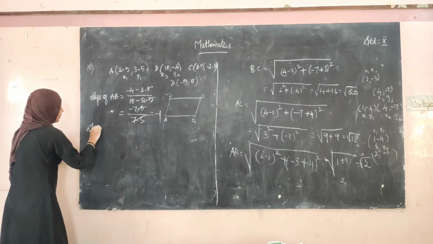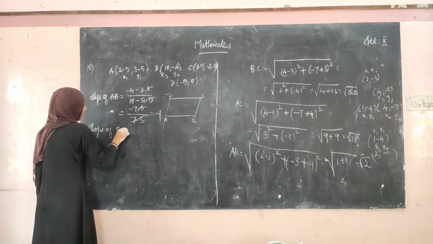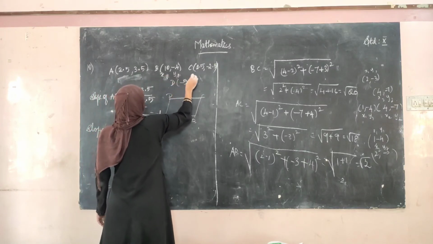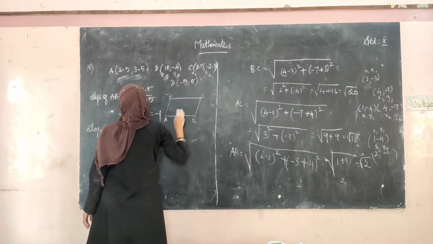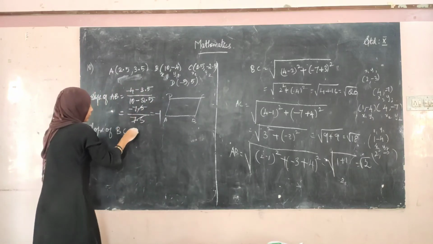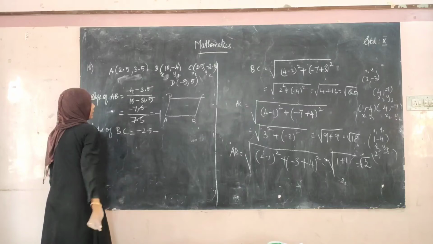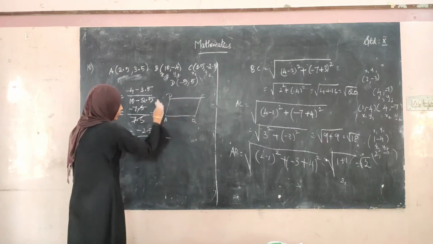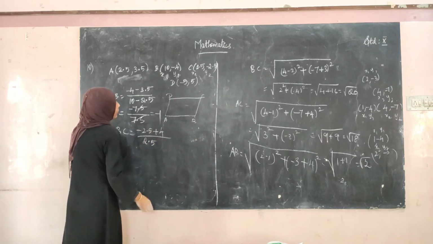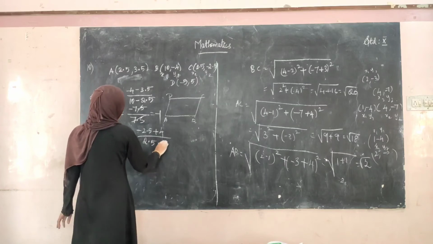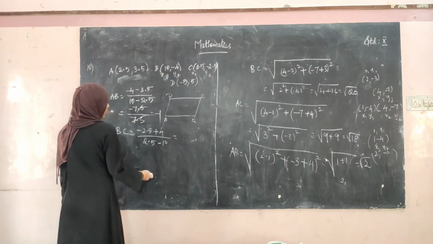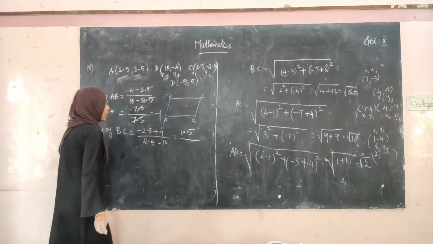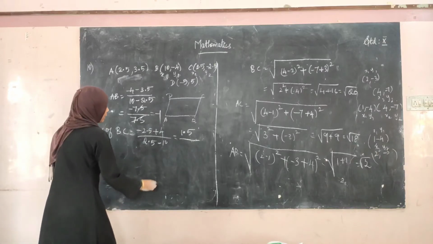Then slope of BC. Okay, so for that, let us take this as x1, y1, this is x2, y2. What is y2 minus y1? y2 is minus 2.5 minus y1 is minus 4. So, minus of minus 4 becomes plus 4 divided by x2 is 2.5. 2.5 minus, what is x1? x1 is 10, which is equal to, so minus 2.5 plus 4 is 1.5 divided by 2.5 minus 10 is minus 7.5.